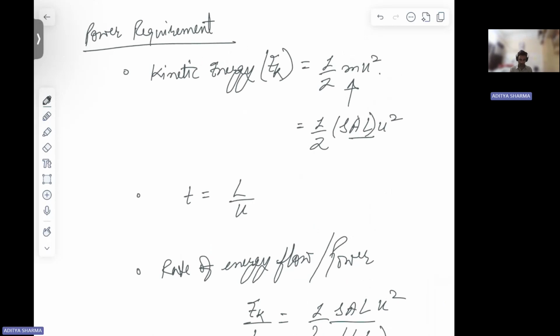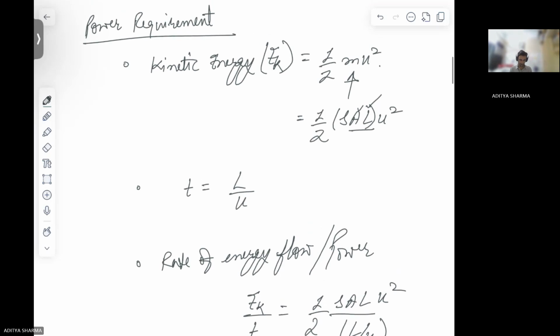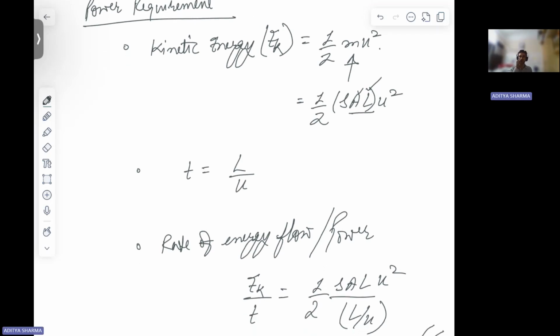So how these entities, area and length, are related to this calculation. Okay. Because we are using tubes in our setups, right?